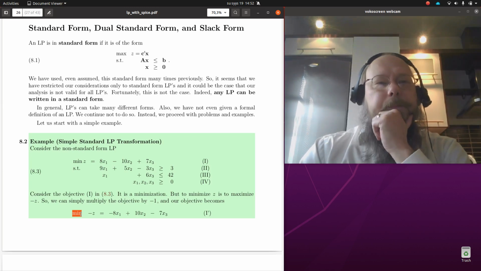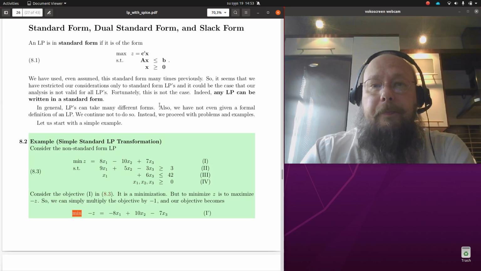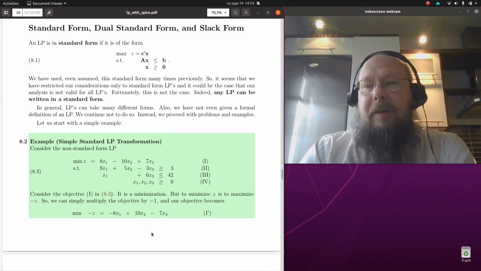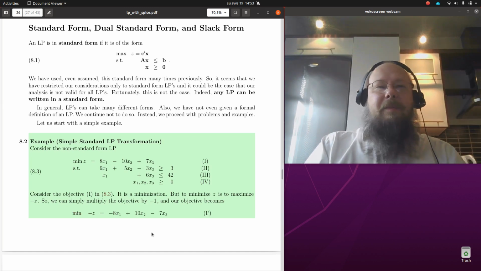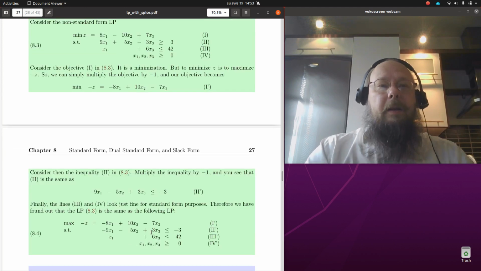What then? Then line 2, we have to look at that. It's a lower bound. It should be an upper bound. So what do we do with that? Well, obviously we do the same thing as from min to max. We multiply by -1.